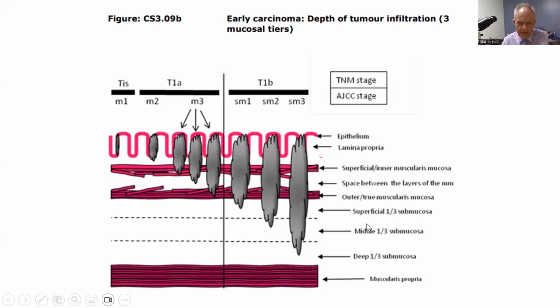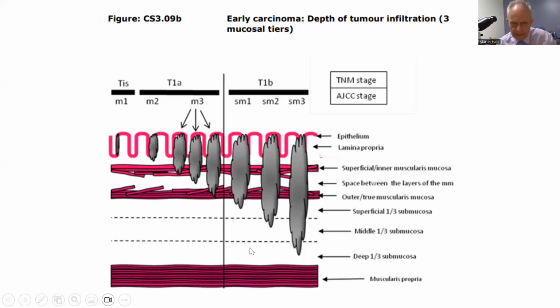Now, what is also important, as Vikash outlined, is the prognosis. If we take the T1B lesions, the evidence suggests that if there is invasion to the inner third, the middle third, or the outer third of the submucosa, that affects the prognosis. You can't see the muscularis propria here, at least I can't see it.